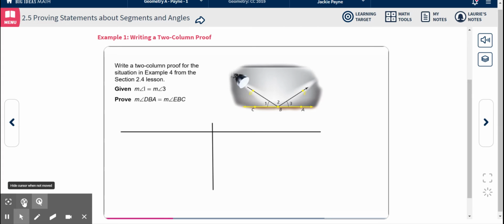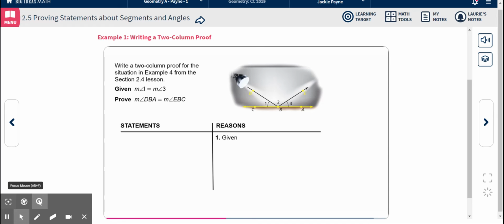To create a two-column proof, label the left column statement and the right column reasons. Each statement in the left-hand column is either given information or the result of applying a known property or fact to statements already made. Each reason in the right-hand column is the explanation for the corresponding statement.